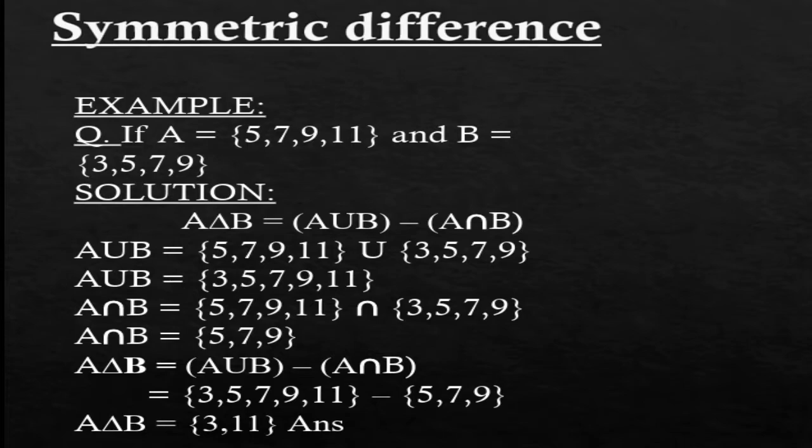So I subtracted A intersection B from A union B, and I got the answer which is 3 and 11. If I had written the uncommon elements of A and B, there would also be 3 and 11.